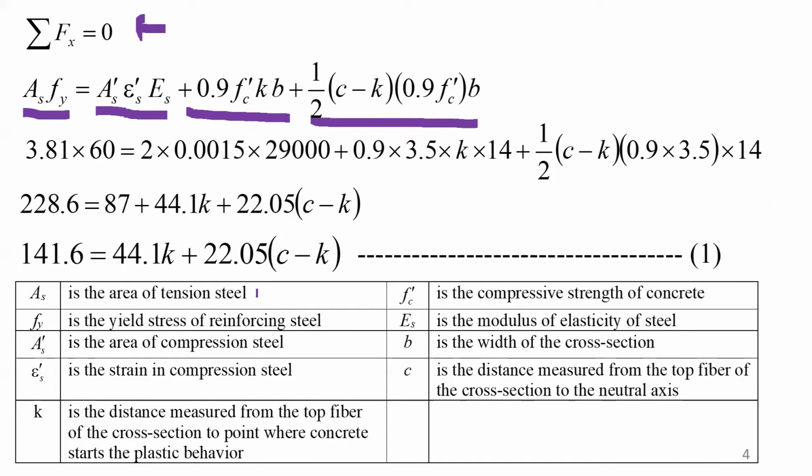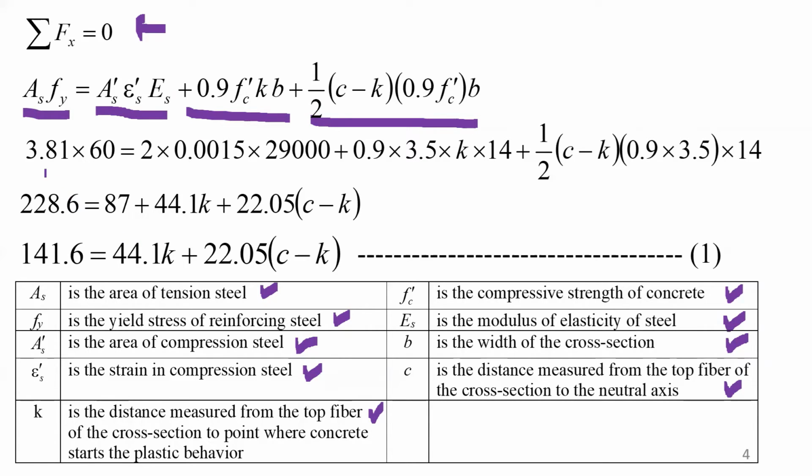where As is the area of tension steel, fy is the yield stress of the reinforcing steel, A's is the area of compression steel, epsilon s prime is the strain in the compression steel, k is the distance measured from the top fiber of the cross-section to the point where concrete starts the plastic behavior, f'c is the compressive strength of concrete, Es is the modulus of elasticity of steel, b is the width of the cross-section, and c is the distance measured from the top fiber of the cross-section to the neutral axis.